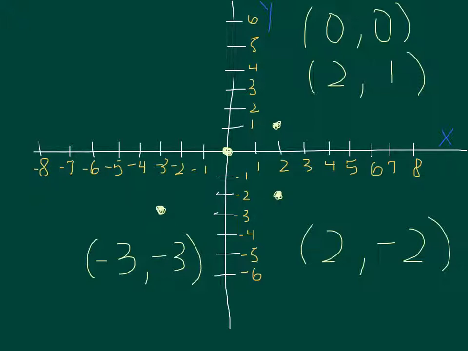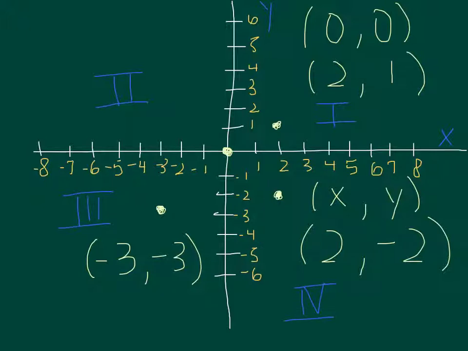As you can see, the first number always relates to the x-axis, and the second number always relates to the y. The two axes divide the Cartesian plane into 4 parts. There's quadrant 1, quadrant 2, quadrant 3, and quadrant 4.